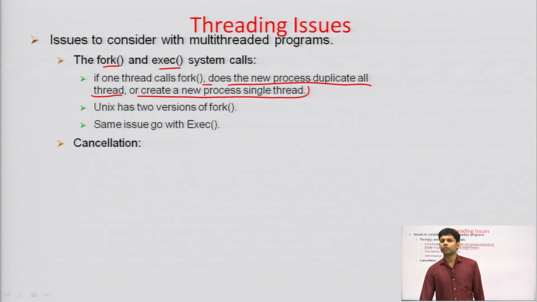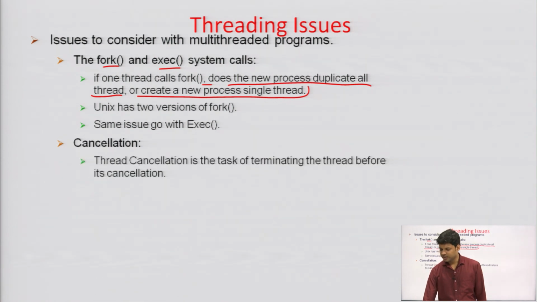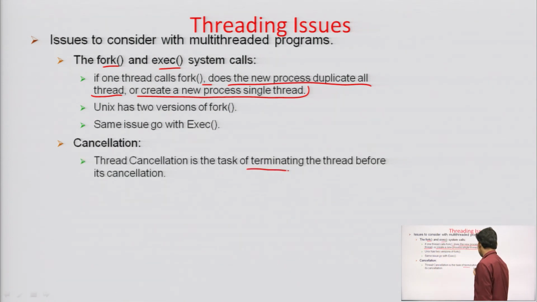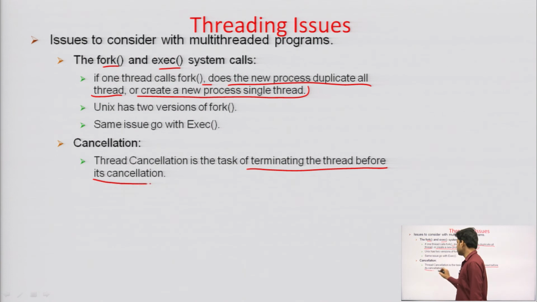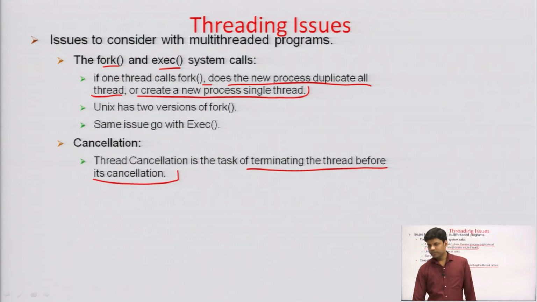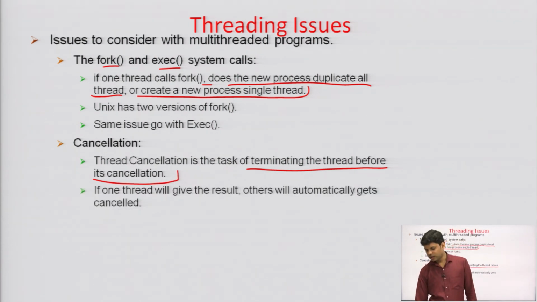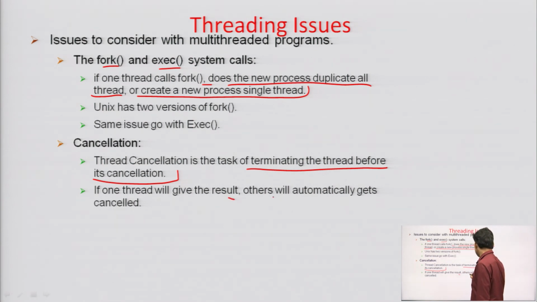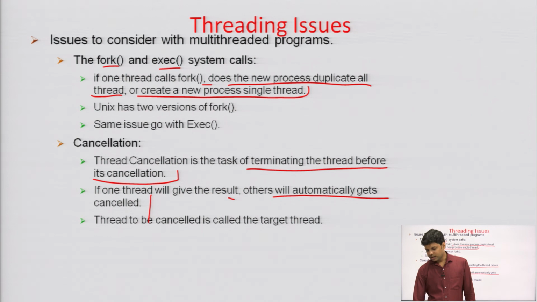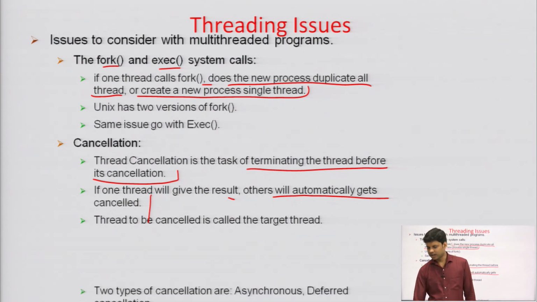Now the next issue is cancellation. Thread cancellation is the task of terminating a thread before it has finished. It means that if one thread gives the result, the others automatically get cancelled. The thread to be cancelled is called the target thread.